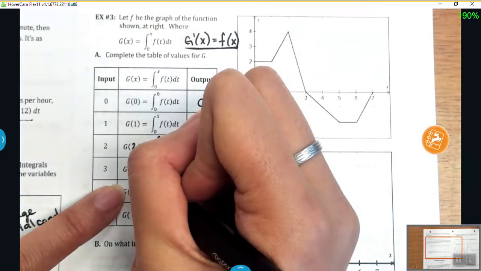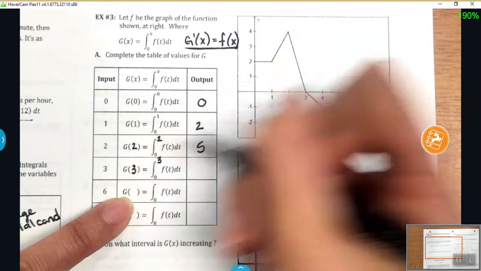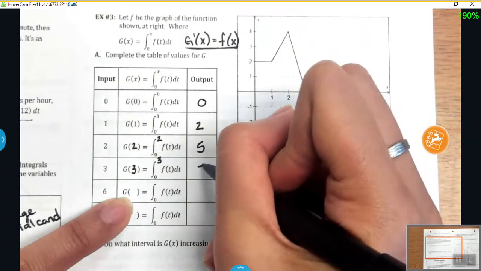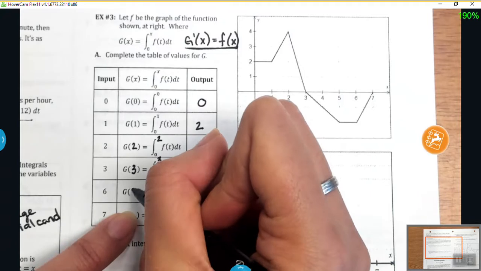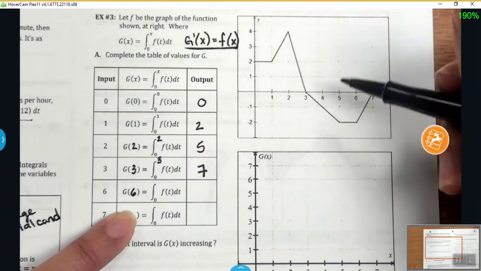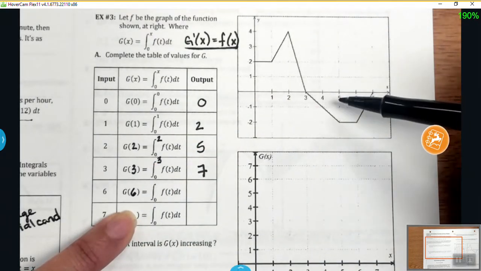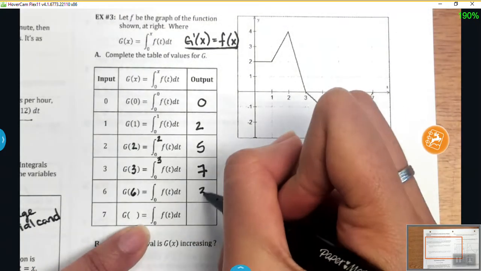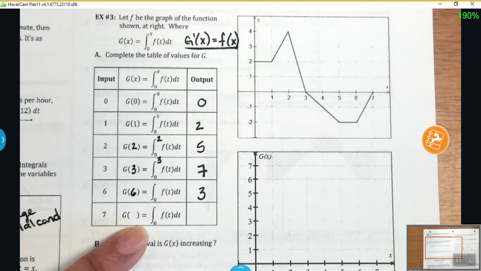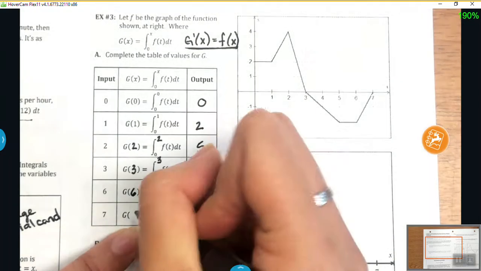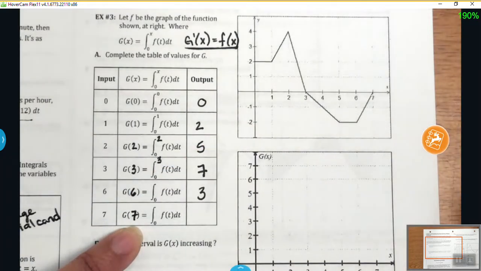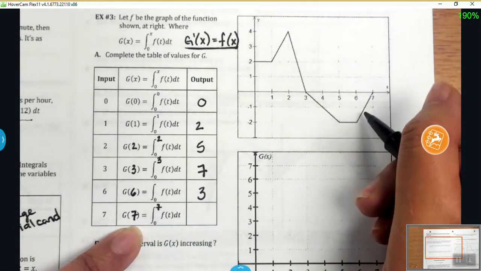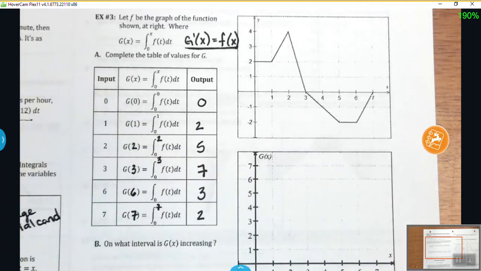And then g of 3 will be the integral from 0 to 3: 5, 6, 7. And g of 6 will be 7, 6, 5, 4, 3. Are you with me? And g of 7 is, subtract 1, 2. Right?